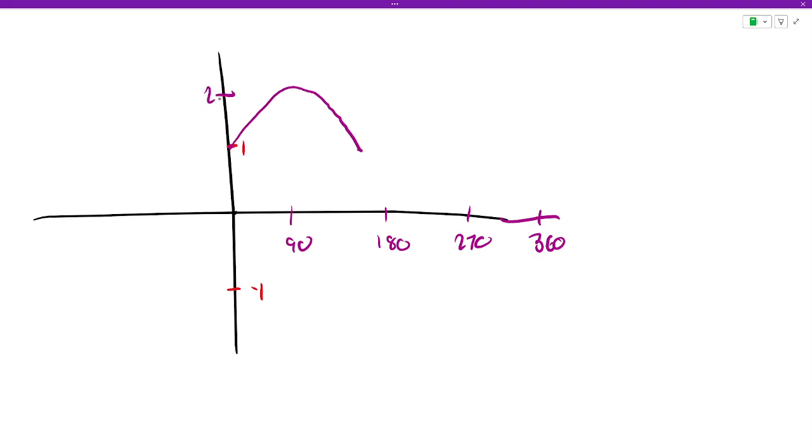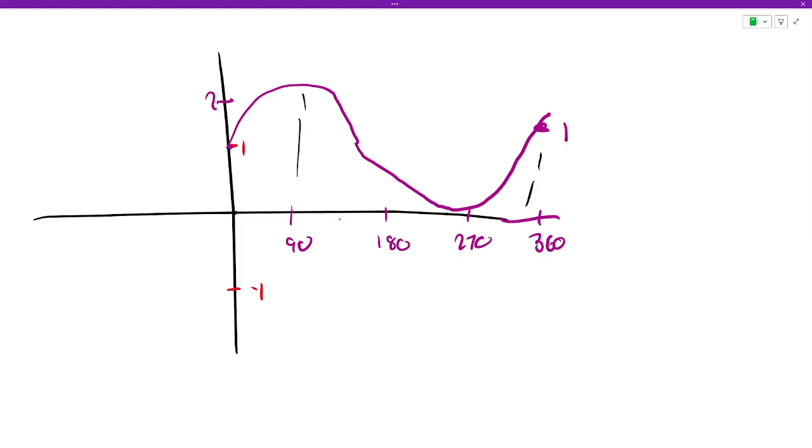Let me redraw that. It goes up, then it comes down, goes lower, and comes back up. Now, you can see that this is a sine graph.